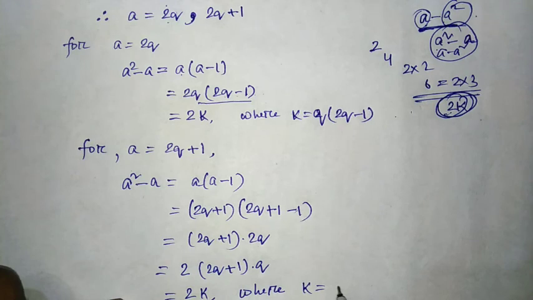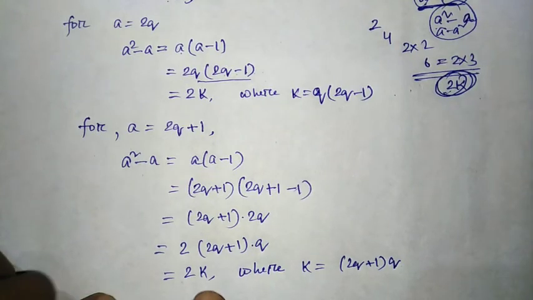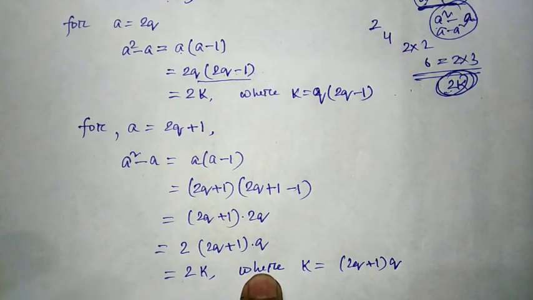Or if we write it as 2 into k, where k is 2q plus 1 into q. So this is again expressed in the form of 2k. That means the square and difference of a number is always an even number.